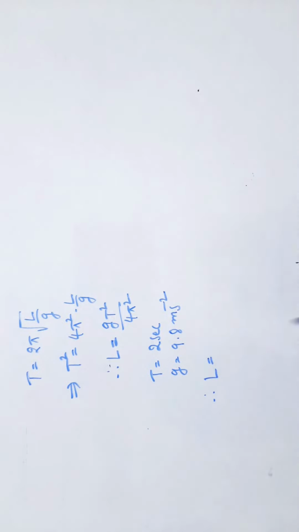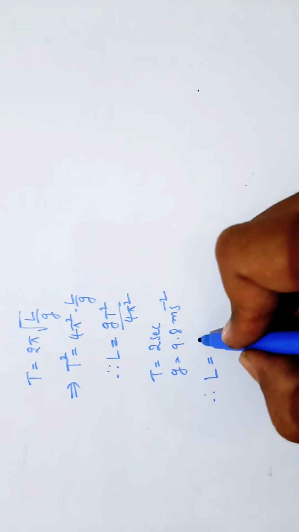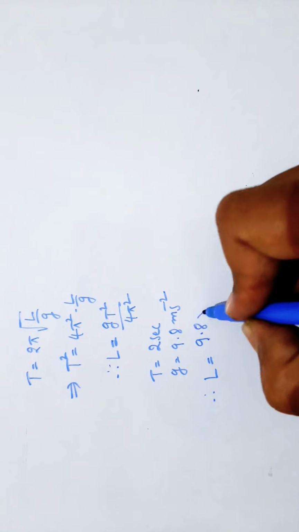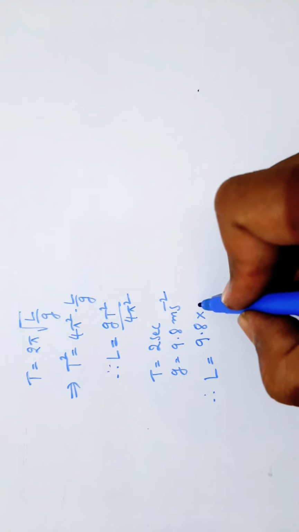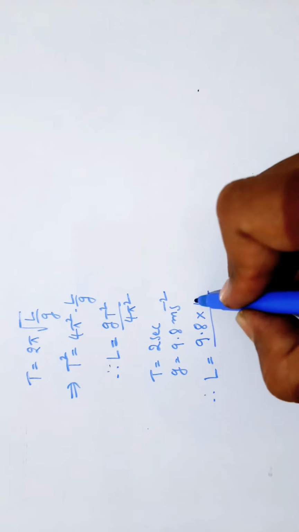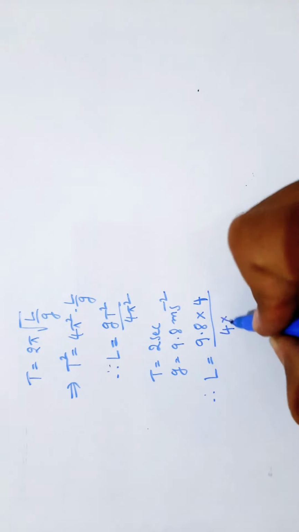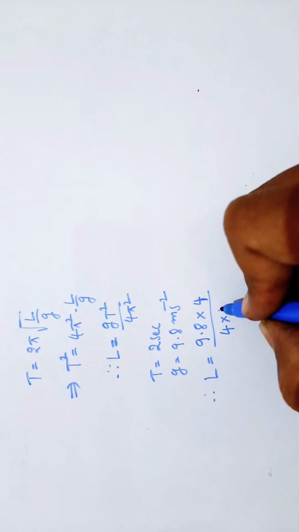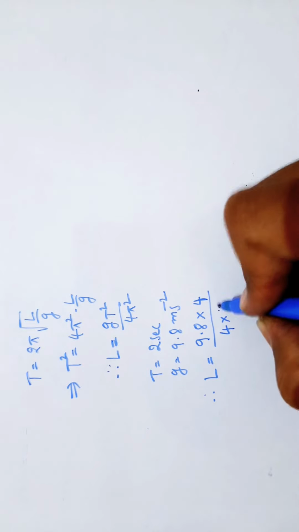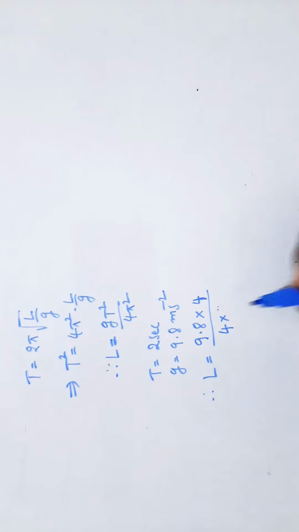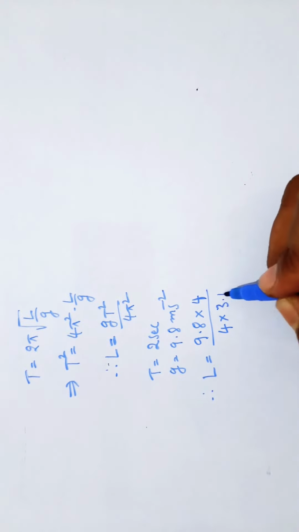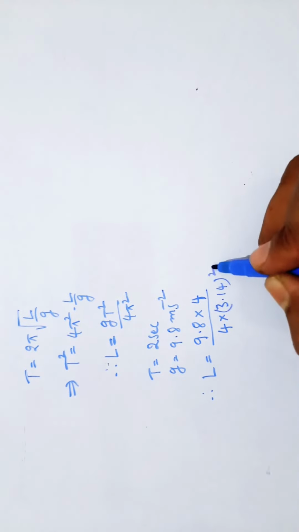So L is equal to g into T square, that is 9.8 into T square, where T square is 2 square, so that is 4, by 4 pi square. The pi value is known, 3.14 whole square.